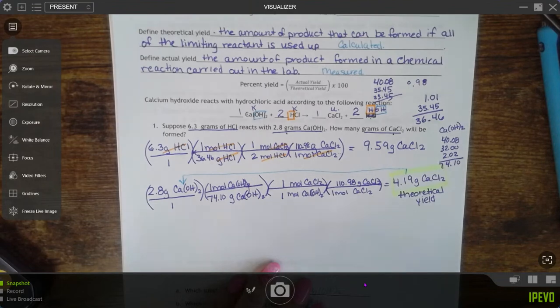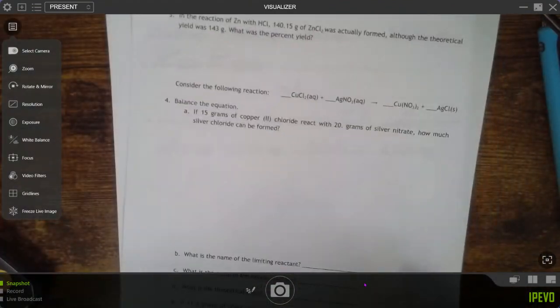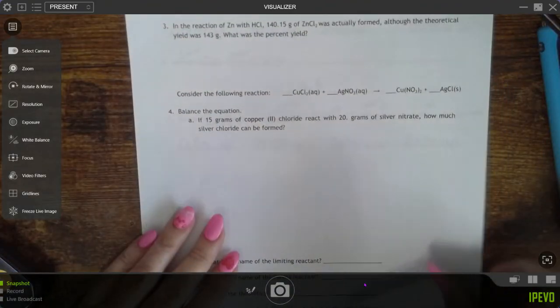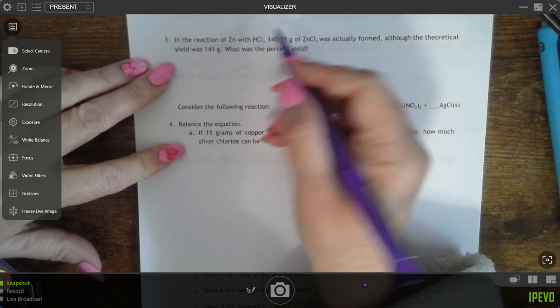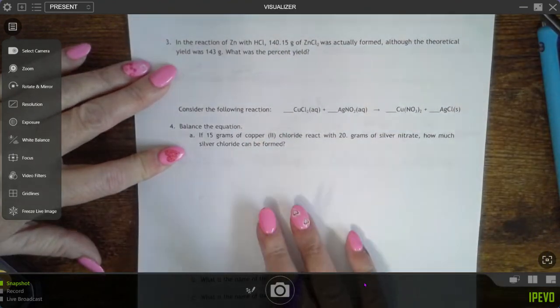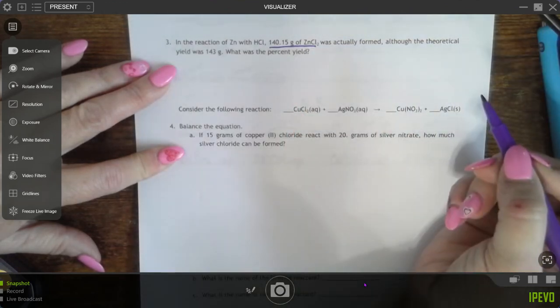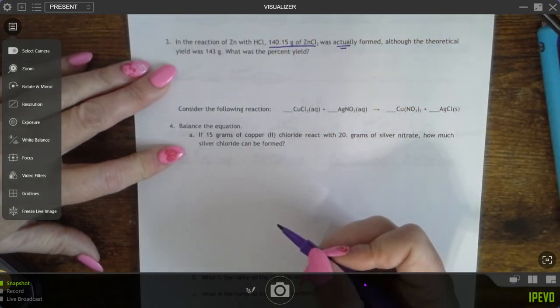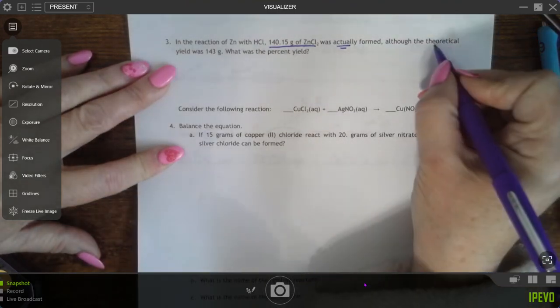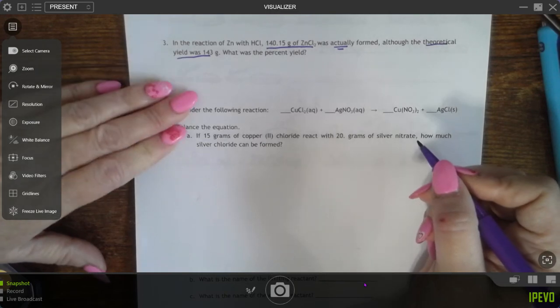All right. Okay, let's flip this over. I think there's a couple more on the back page that we can practice. All right, let's see. In a reaction with zinc and hydrochloric acid, 140.15 grams of zinc chloride was actually formed. Okay, so that means they did the reaction. Although the theoretical yield was 143 grams.